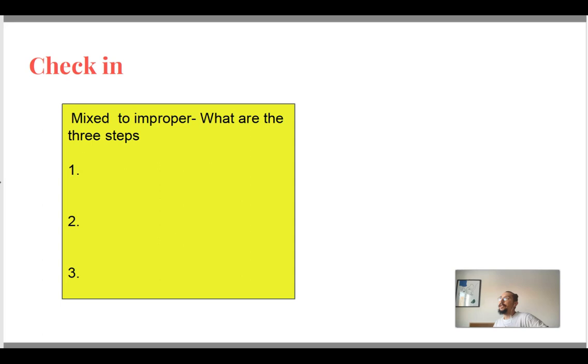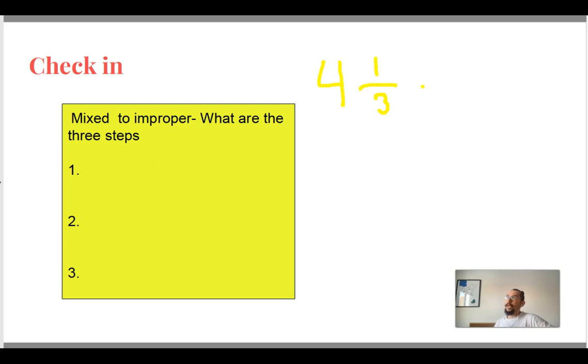So here is what we are going to do here. There are actually 2 steps. So let's have a fraction that is mixed and we're going to convert it into an improper fraction. This is just made up in the moment. So this is a mixed fraction right here: 4 and 1/3.